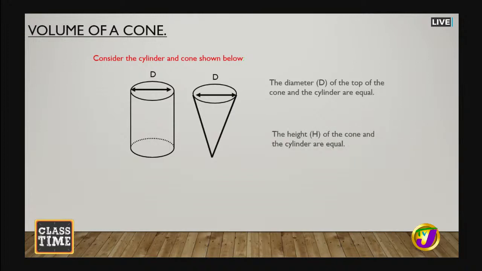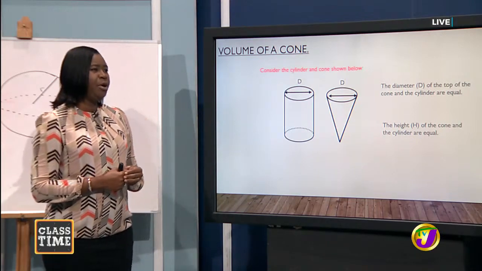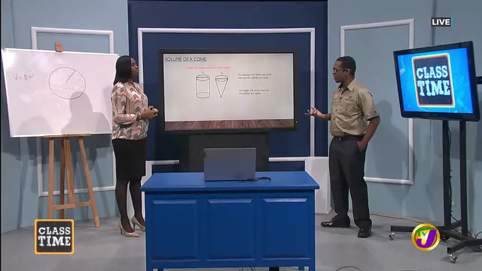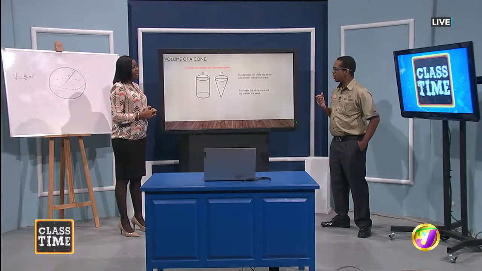Right. So in this situation, we have the diameters the same and the heights the same. Tyrone, remind us of the experience you had in class when you were comparing the relationship. Well, I remember doing that experiment with our teacher. She had some liquid, and we poured the liquid into the cone.